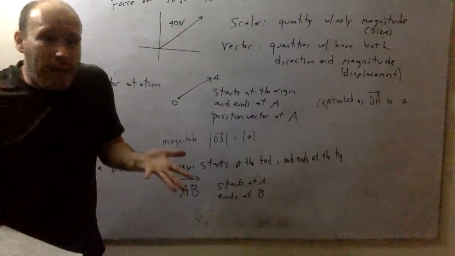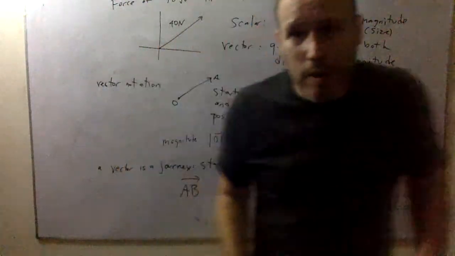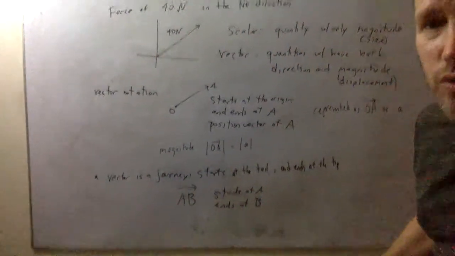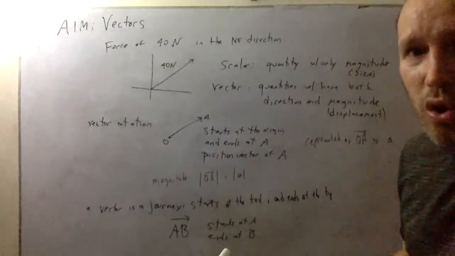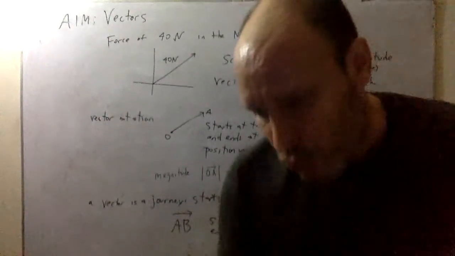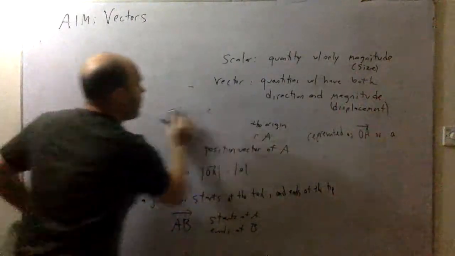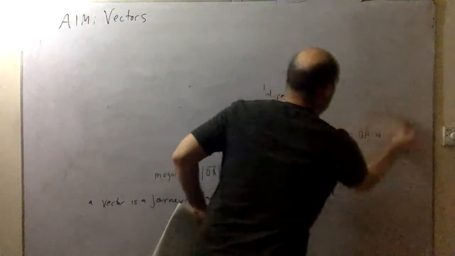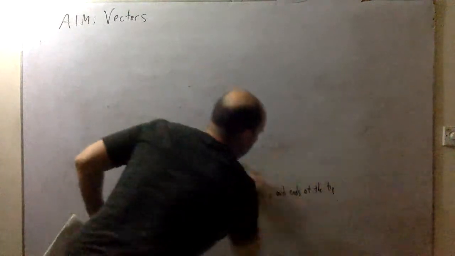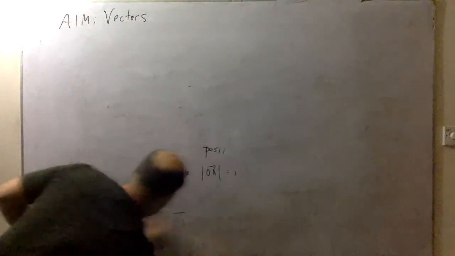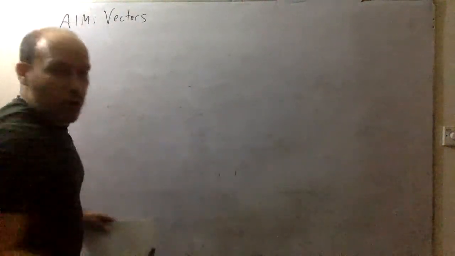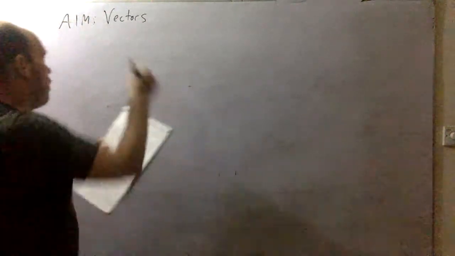Okay, let's go through the grades. The question is, when are two vectors equal?